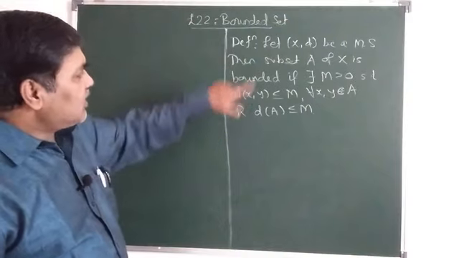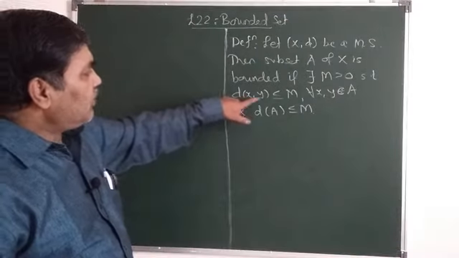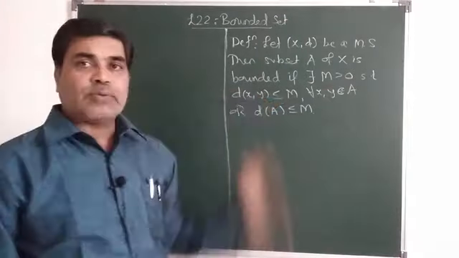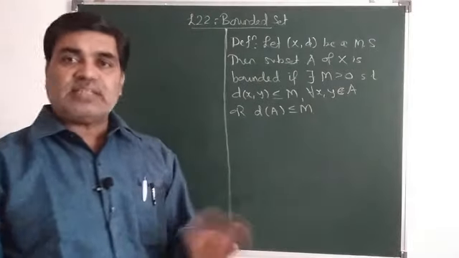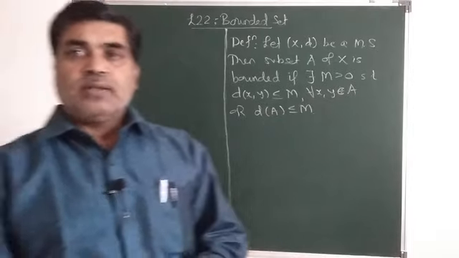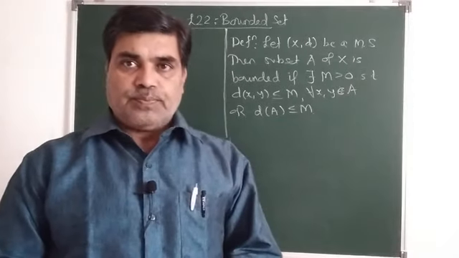A metric space (X, d) is bounded if d(x, y) is less than or equal to m for every x, y belonging to X. As here we are taking the definition for any subset, it also holds for the whole metric space X.